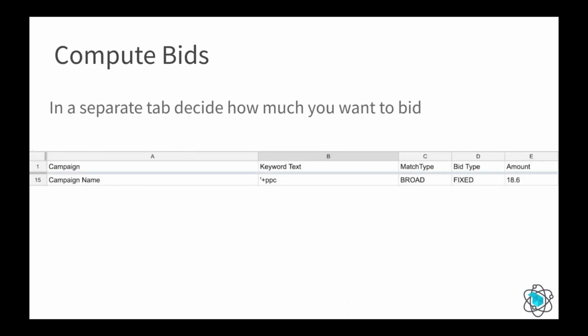So you simply need to compute the bid using the formula that we said earlier. If you're in lead generation, let's say you're doing lead gen for insurance, and you know that the average prospect lead will be worth $100. You will multiply that $100 times the conversion rate that you have on that specific keyword.